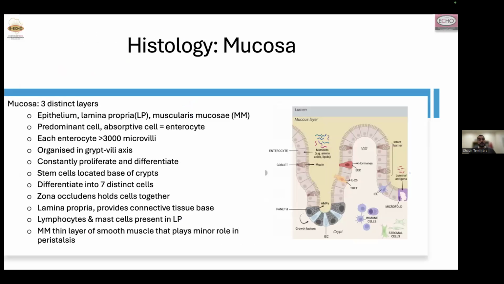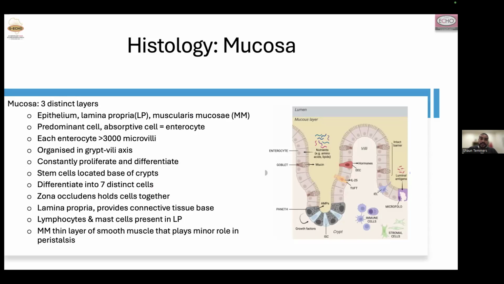When we take a closer look at the mucosa, it's further divided into 3 distinct layers: an epithelium, a lamina propria, and a muscularis mucosae. The predominant cell there is an absorptive cell, known as the enterocyte, and each enterocyte contains more than 3,000 microvilli.